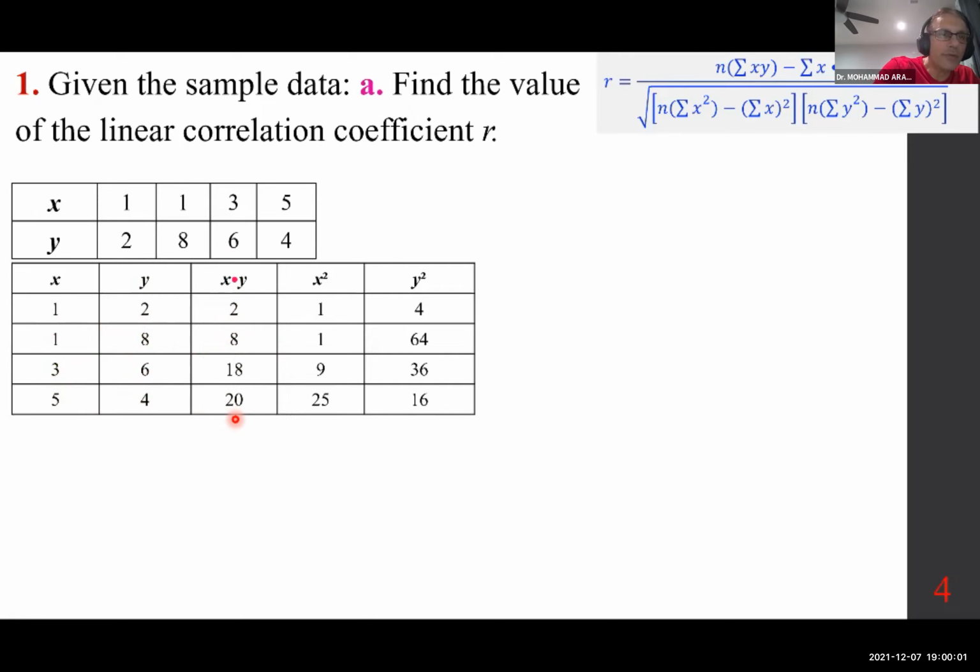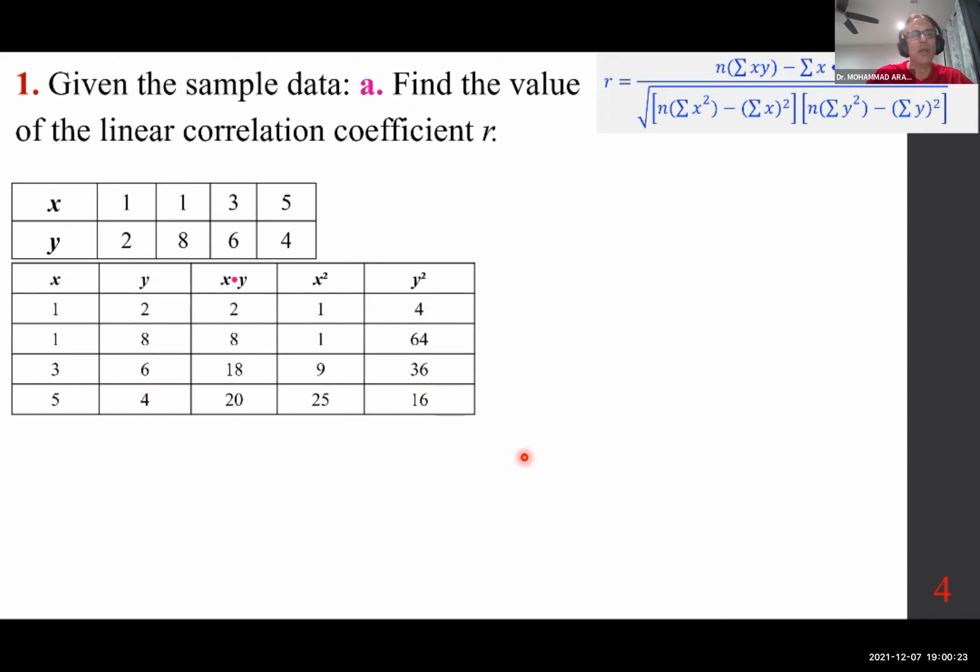What is x squared? The very first column. Square it. 1 squared is 1, 3 squared is 9, 5 squared is 25. What about y squared? The second column. Square it. 2 squared is 4, 8 squared is 64, 6 squared is 36, 4 squared is 16.